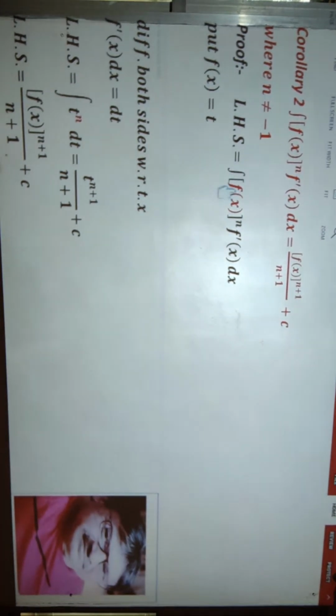So we put f of x is equal to t, that is, this red color function f of x is equal to t. Then differentiate both sides with respect to x.